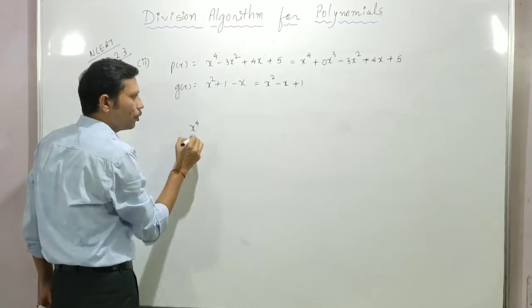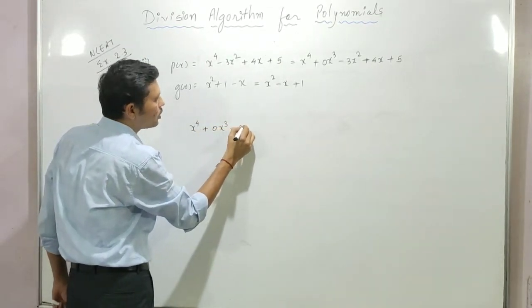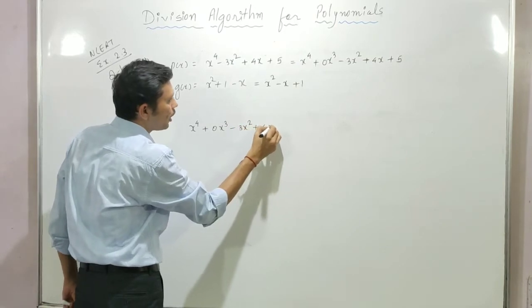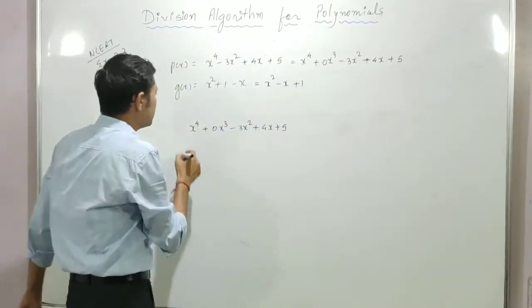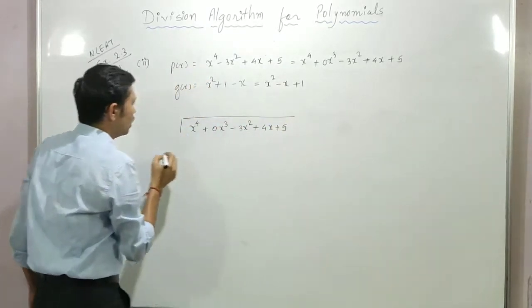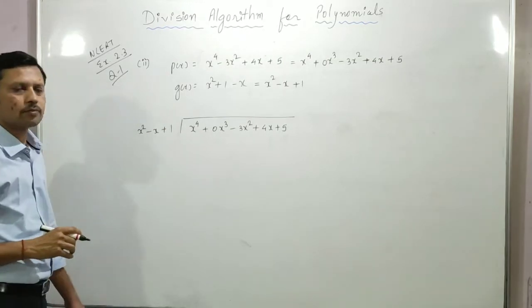x to the power 4 plus 0x cube minus 3x square plus 4x plus 5. This one is our dividend. Now the divisor is what? It's x square minus x plus 1.